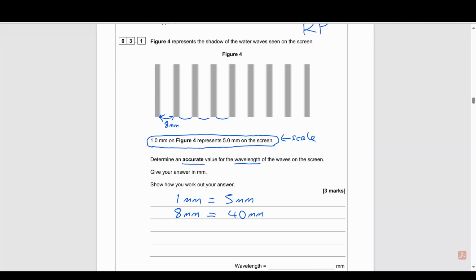So by using a scale and calculating, we'll be able to get our 2 marks. What we need to take into account, though, is the full distance that will be on our water waves. So that full distance, once you measure it, will give us a value of 113 millimeters.